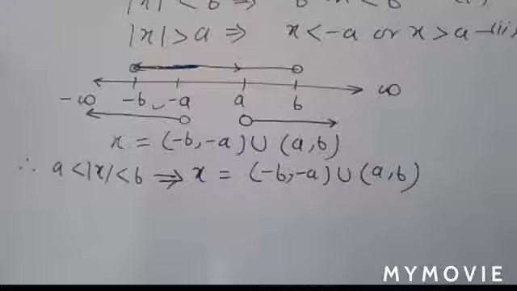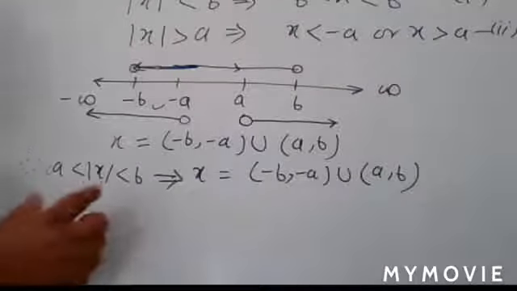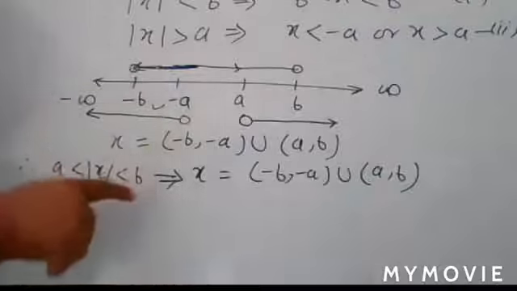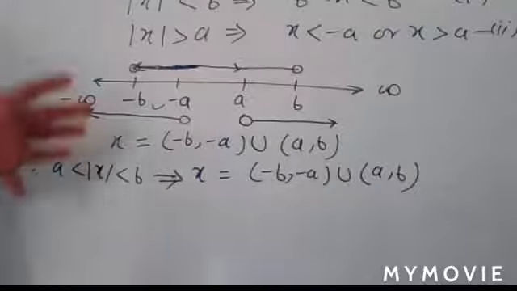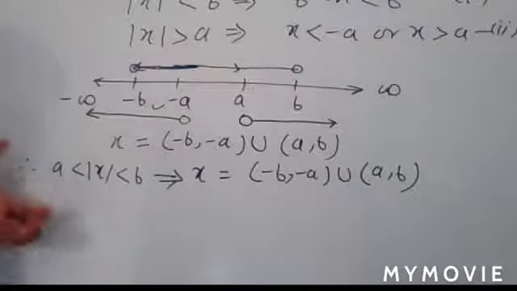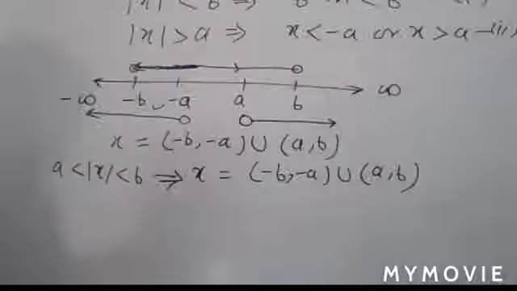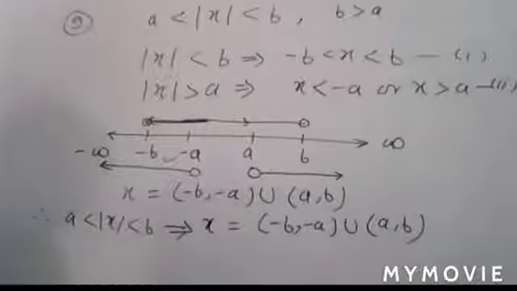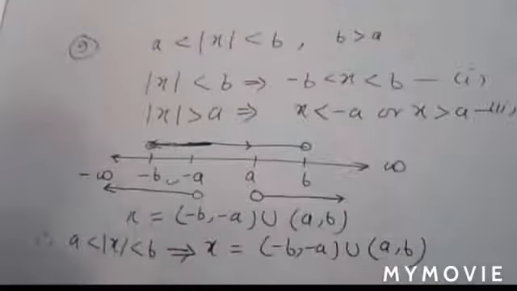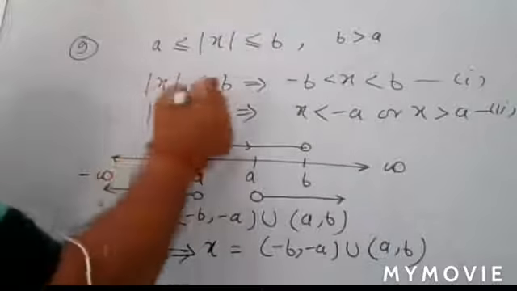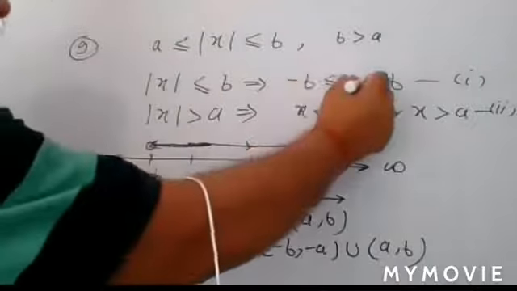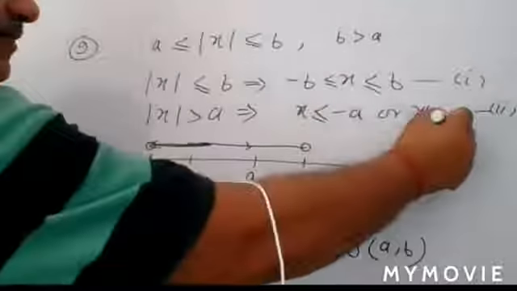If you do not know this result, with the help of the number line you can find the value of x. That's why I discussed the method. In the same way, if you introduce the equal to sign, you can also find the result likewise.